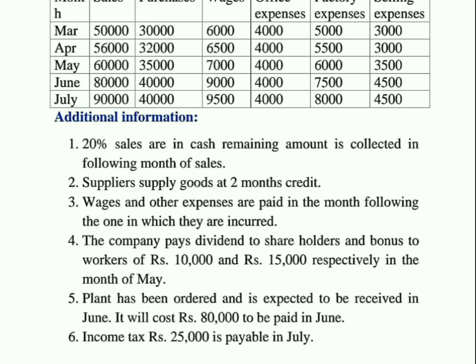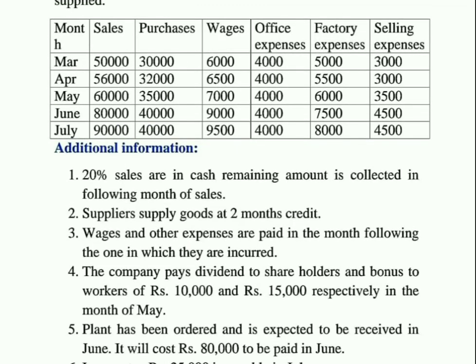Second point, suppliers supply goods at 2 months credit. Here on purchases, the credit period allowed by creditors or suppliers is 2 months. For example, if the purchases take place in the month of March, and in this problem March purchases are 30,000, this amount will be payable after 2 months, that is, leave March, then April, and May.